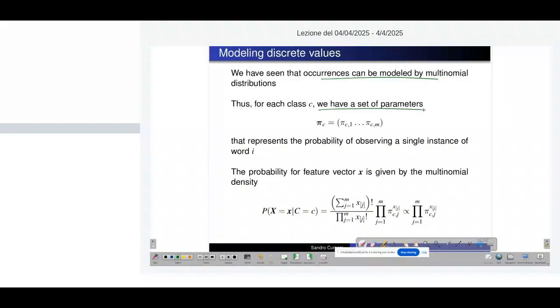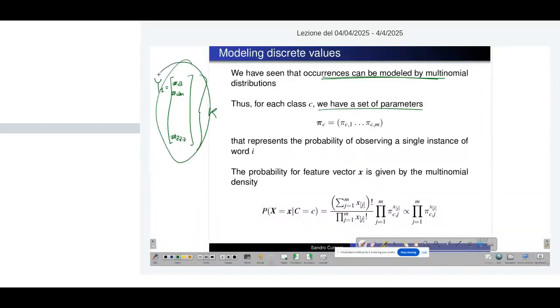So for a document, we count how many times each word appears. Then we represent a document y_1 by a feature vector that contains a number of dimensions equal to the size of the dictionary. For each document, it will contain the number of occurrences of each word inside the document.